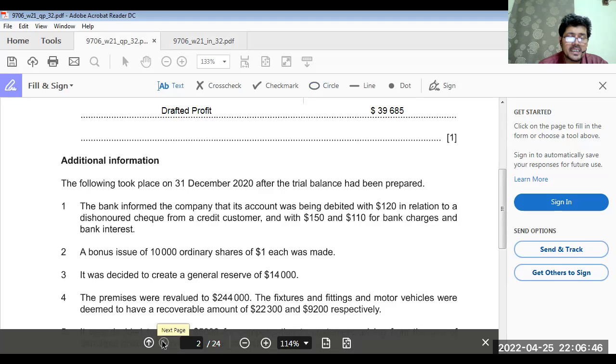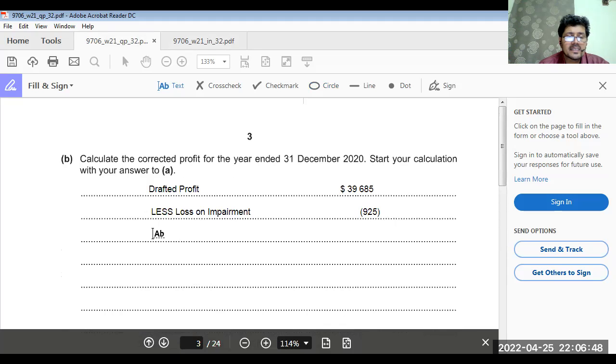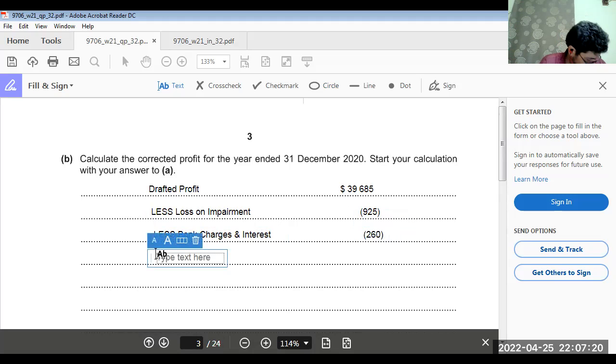It is going to be deducted: less bank charges and interest. The total bank charges and interest would be how much? 150 and 110, 260. So we have to deduct over here 260. Done?